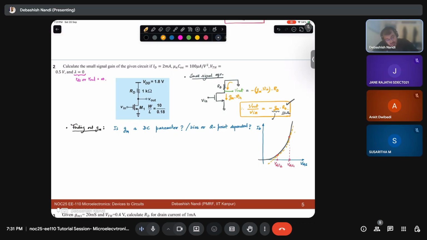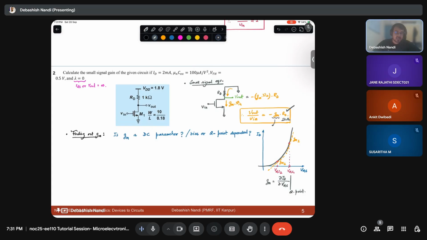So obviously this is GM1, and GM2 will be completely different. So for any nonlinear curve, my GM is basically del ID by del VGS at the Q point. So even to find out small signal gains, I need to do the DC analysis of my circuit first, to find out the small signal parameters.